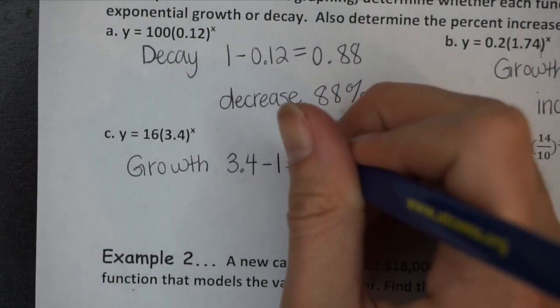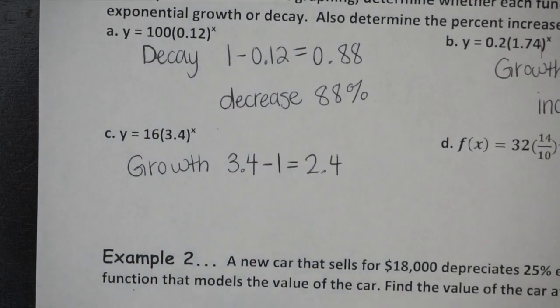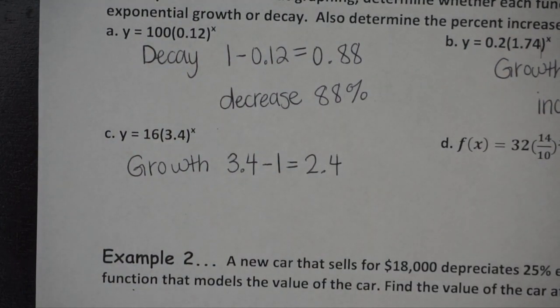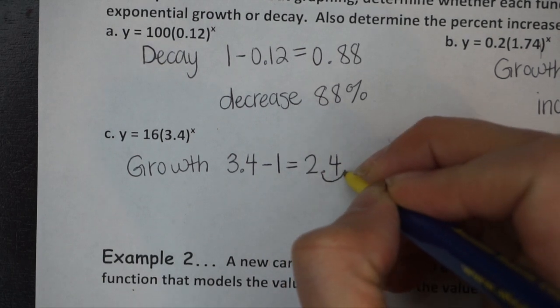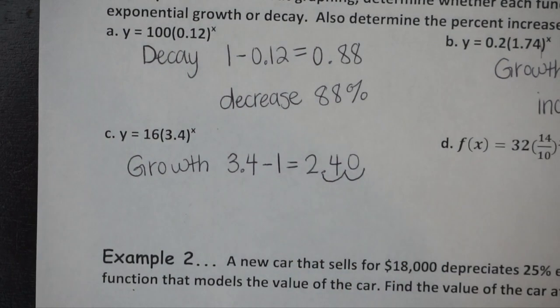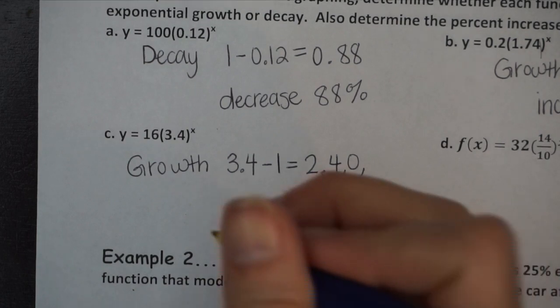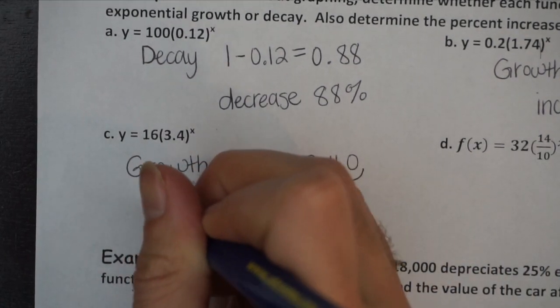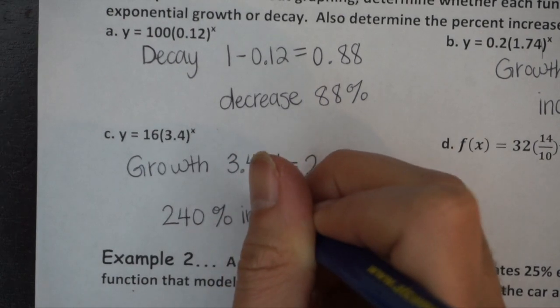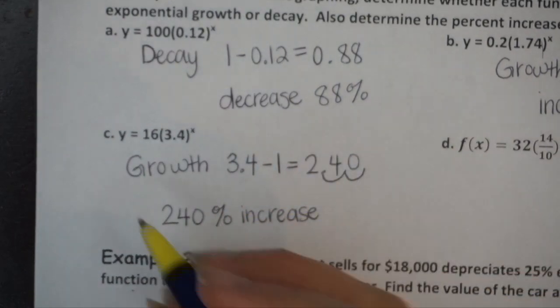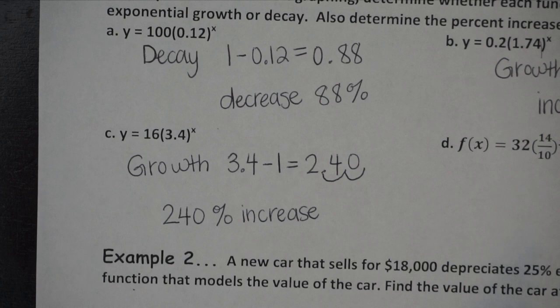That leaves you 2.4. We can still change that into a percent. Remember, you move the decimal 2 spaces to the right, which actually makes this a 240% increase. Whatever this is growing really fast.